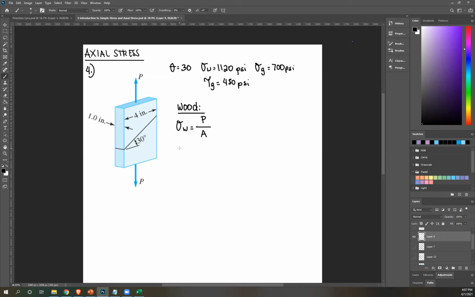Plug in our values: 1120 equals P over A. Now let's find the area of the wood. The area is just this, the cross-sectional area of your wood. This length is equal to 4, this height is equal to 1, so area is just 4 times 1. Solve for P, what's the answer?